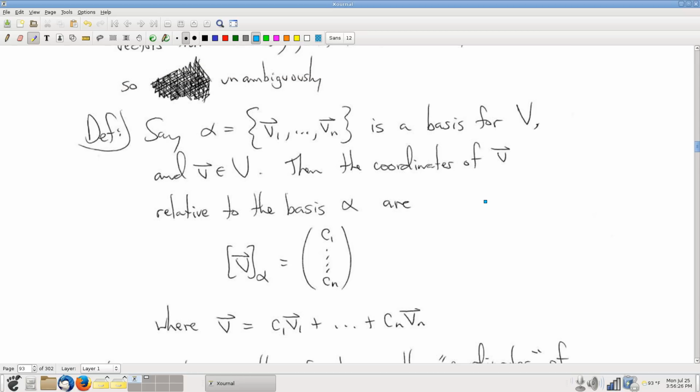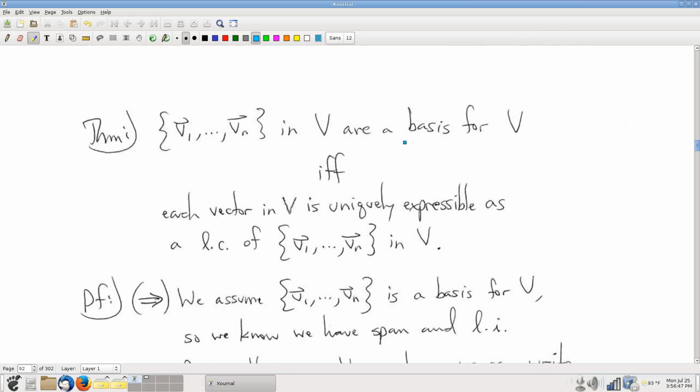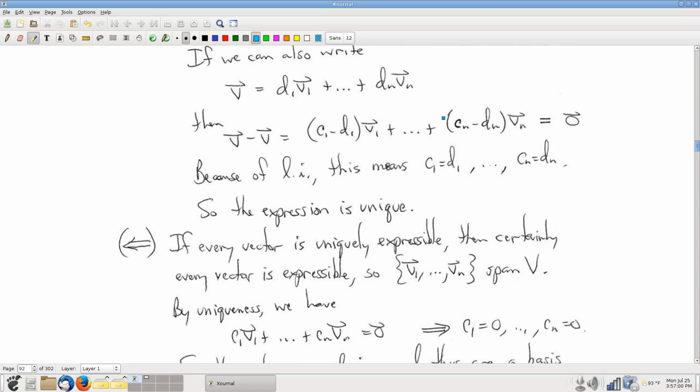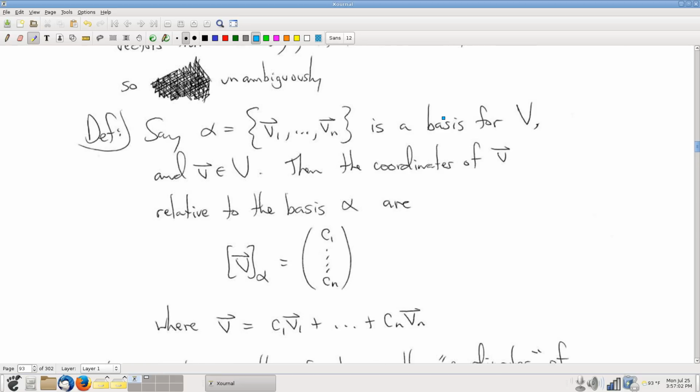So this motivates a definition. This is a definition and notation. We're going to define what are called the coordinates of a vector relative to a basis. And it's exactly the numbers that we just showed exist and are unique. Given a basis and some vector, there is exactly one list of coefficients to write that vector as a linear combination of those basis vectors, and those numbers we define to be the coordinates.